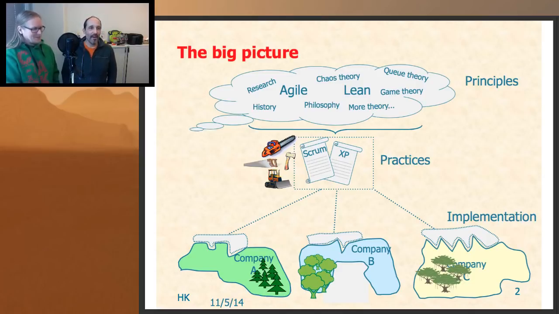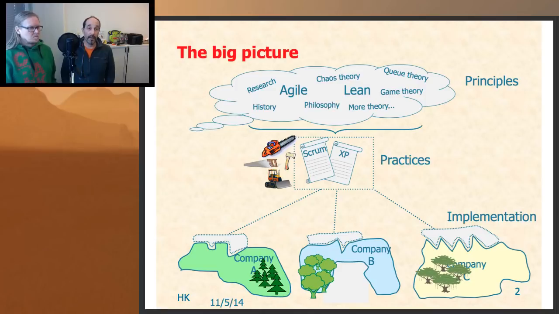Okay, let's start with the big picture of the whole space of agile methods. They are not born in a vacuum, but based on some kind of principles that we don't talk about today that much.